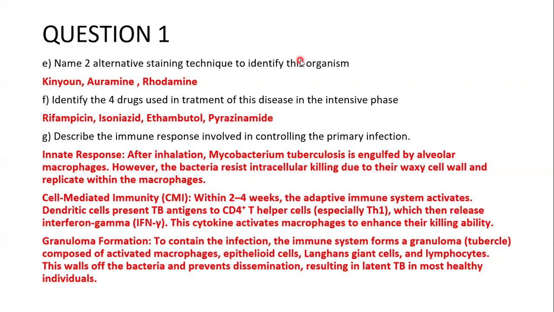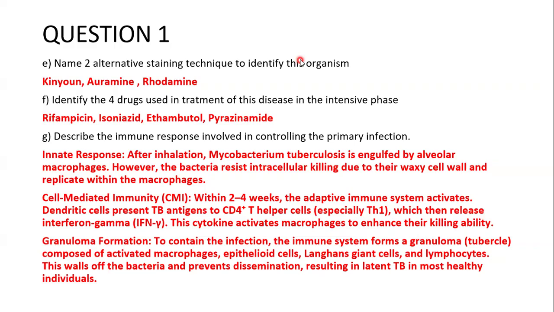We have the term Ghon focus. A Ghon focus is a granuloma on the lobe of the lung. But when it affects the hilar lymph nodes, which are the lymph nodes lining the bronchioles, we call it a Ghon complex, because you have affected the lobes of the lungs plus the hilar lymph nodes.